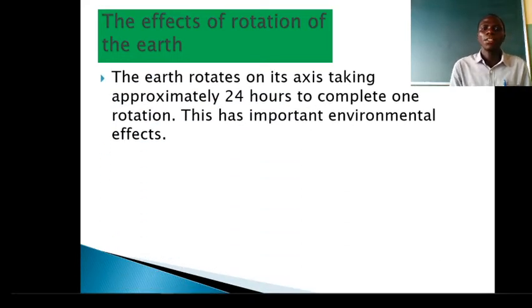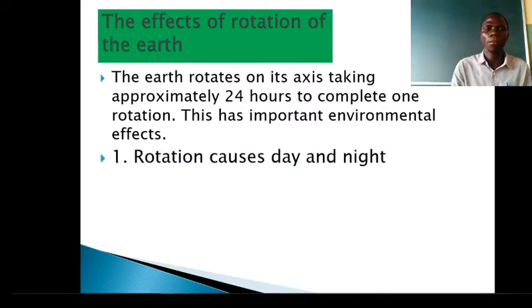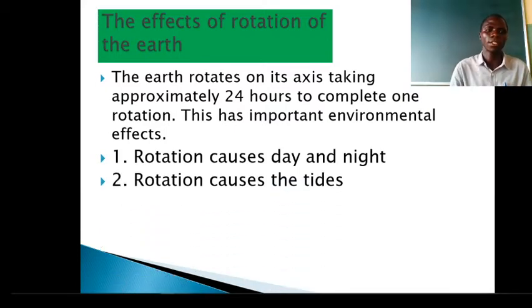The Earth rotates on its axis in 24 hours, as you have seen above, and this causes various effects on the environment. One effect is this: rotation causes day and night. You have day and night on the Earth due to Earth's rotation.